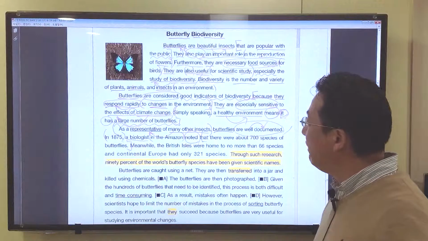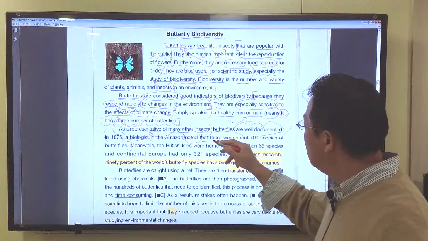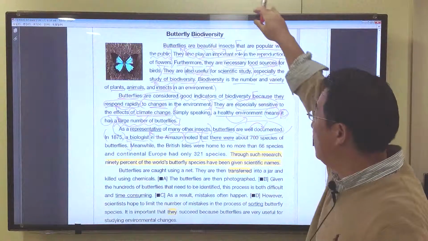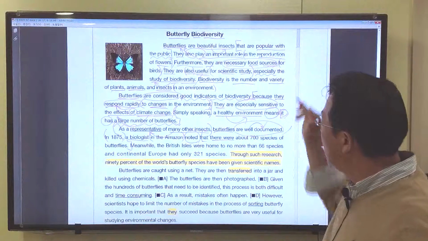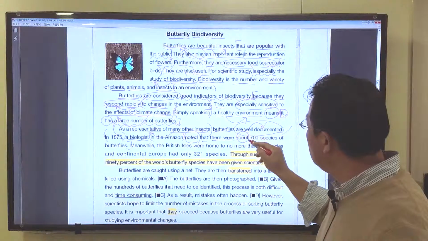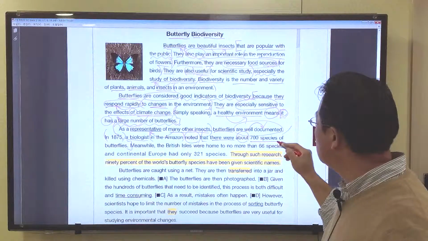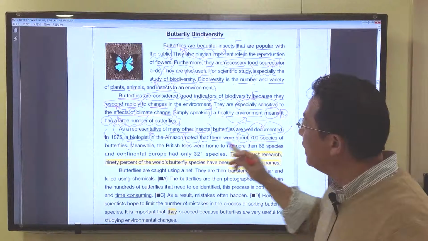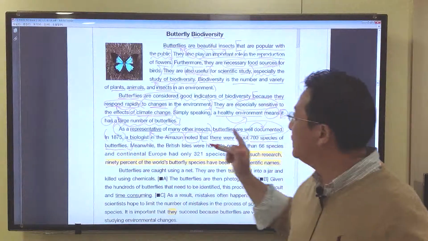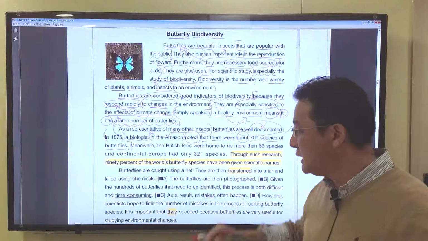There were about 700 species of butterflies. There is, there are, there was, there were. 그럼 무엇이 있었다 이 말이죠. 그죠? 무엇이? About 그러면 대략 700 species. 700여 종의 나비들이 있었다는 것을 알아챘었다 이 말입니다.